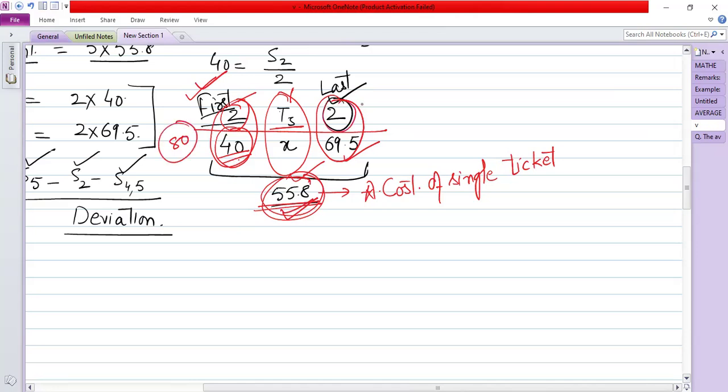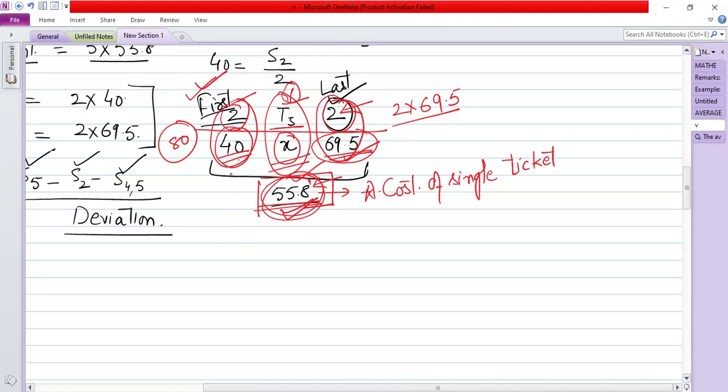And the friends number 4 and 5 have an average of 69.5, so the total money with the last two friends is 2 into 69.5. We have to find how much money the third friend, this single friend, should have, X, so that they are able to pay 55.8 for each ticket and watch the movie.